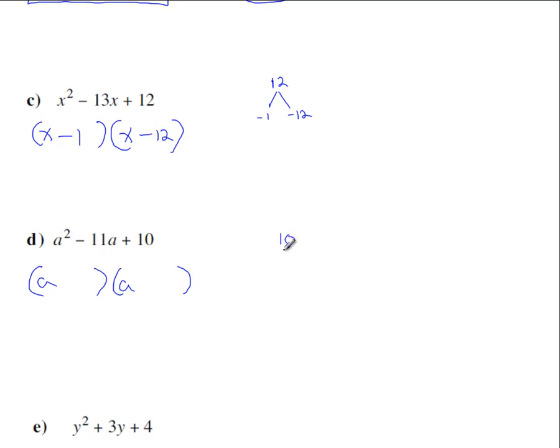So positive 10, we could multiply negative 1 and negative 10. Negative 1 times negative 10 is positive 10. Negative 1 plus negative 10 is negative 11. So that's perfect. Adds up to your middle term. So your two numbers are negative 1 and negative 10.